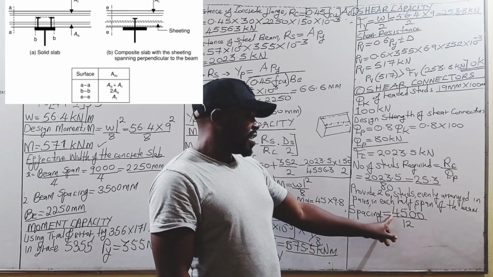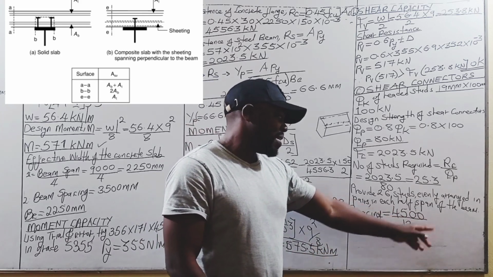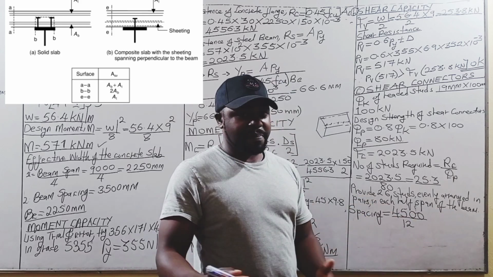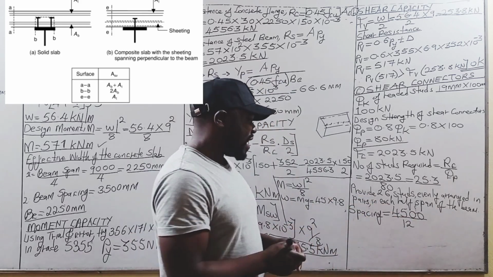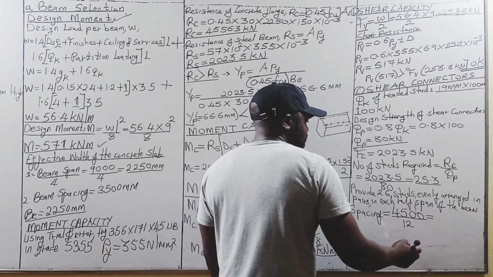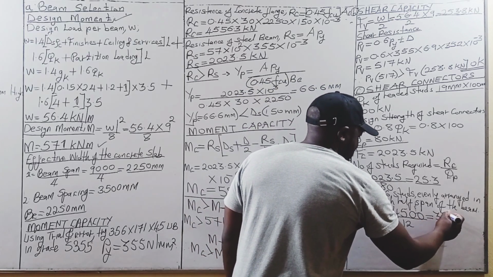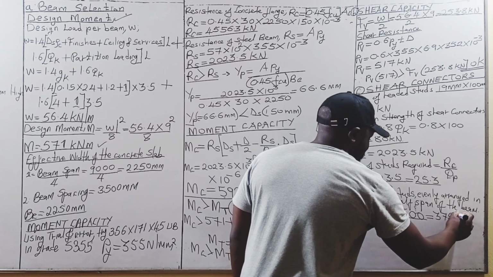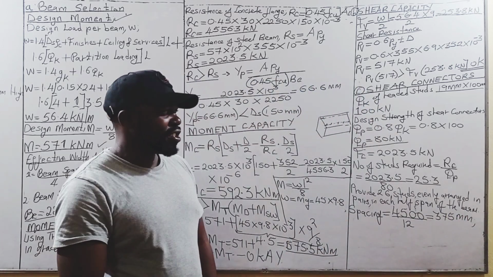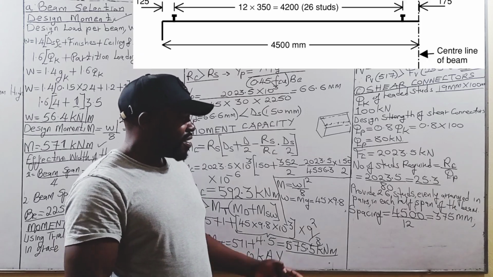That is why we are dividing 4,500 millimeters, which is half span of the beam, by 12 spaces of the 13 studs. And this is going to give us a spacing of 375 millimeters, which we can approximate to 350 millimeters for just simple reasons.